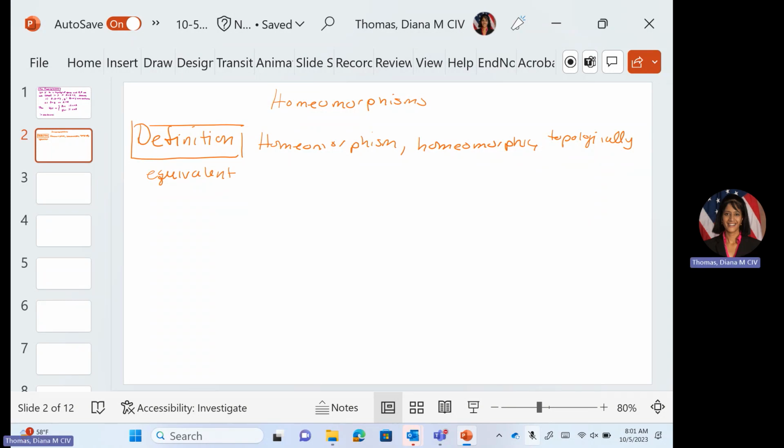All right, so here's the definition of homeomorphism, homeomorphic, topologically equivalent. They're all kind of thrown around interchangeably.